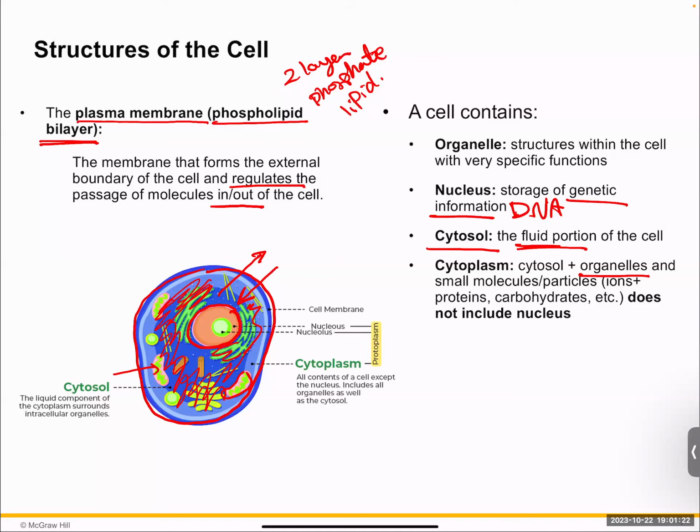So if I take the fluid portion of the cell and combine it with all of the organelles that are in that space, now I get cytoplasm. Now, cytoplasm, again, does not include the nucleus. So as I mentioned, nucleus up here, we do not talk about nucleus as part of the cytoplasm.